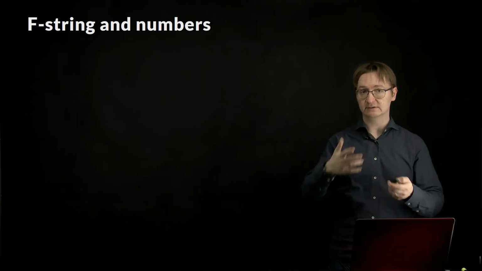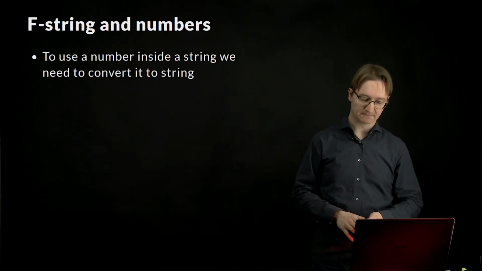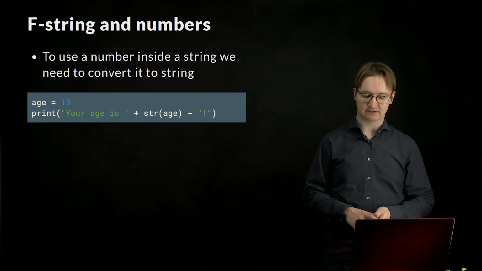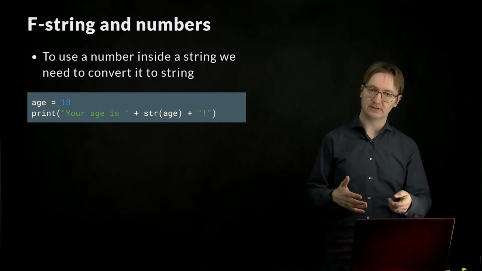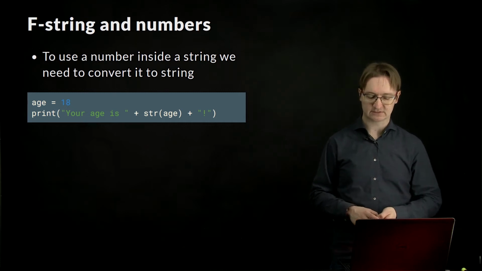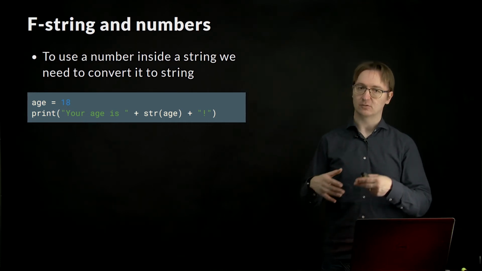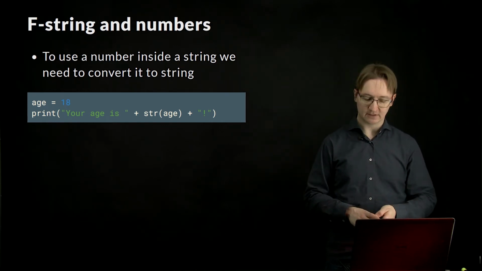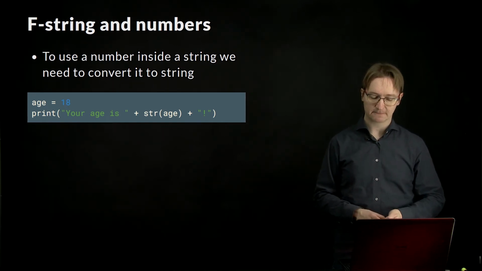Let's see how we can have numbers inside the string. For example, in a regular way, if I would like to print out the age in this example, I have to convert the number into a string, and then I can concatenate it as a regular string.